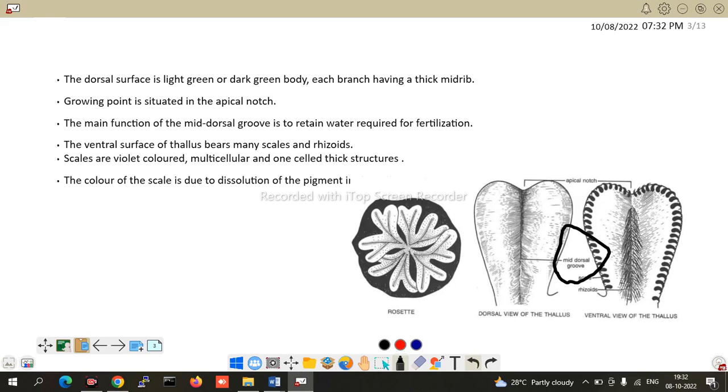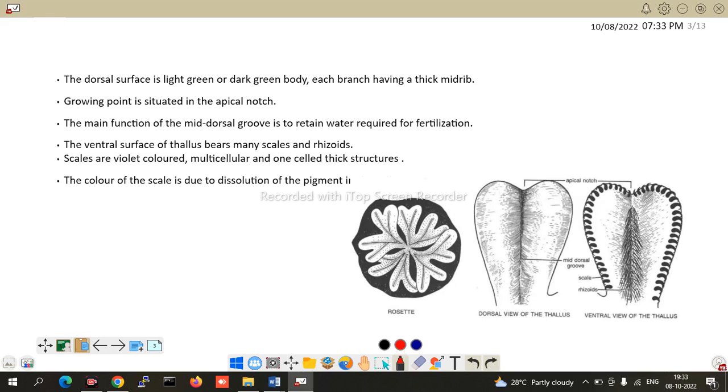The ventral surface of the thallus bears many scales and rhizoids. These black dots are the scales here. The scales are violet in color, multicellular and one cell thick in structure.